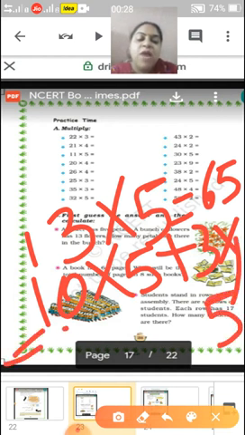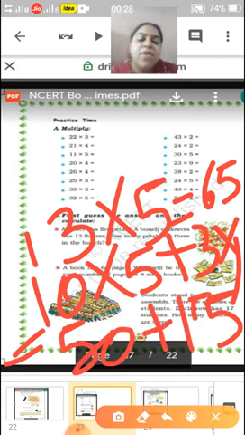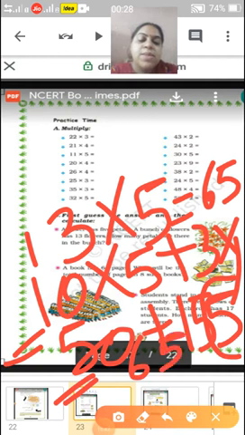So children, that means 50, 10 into 5, and 3 fives are 15. That means 65. Yes, 65 petals are there in the bunch.